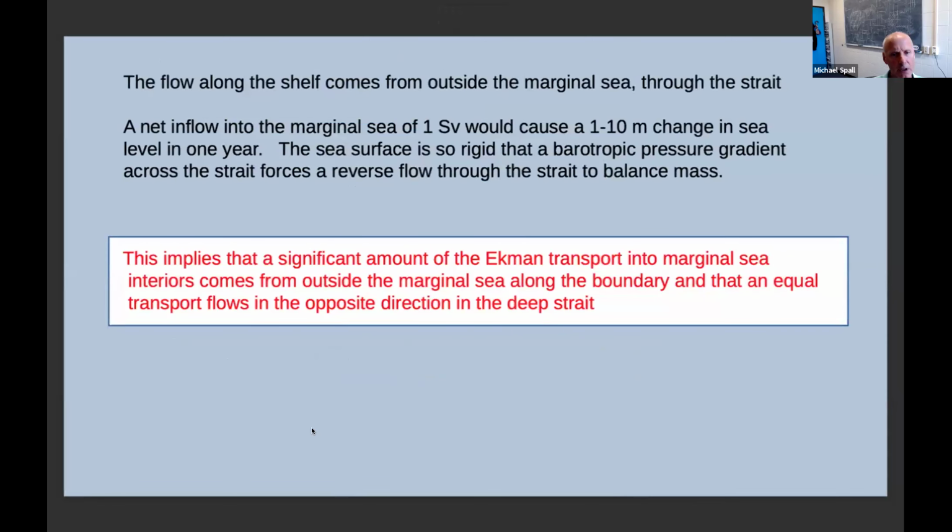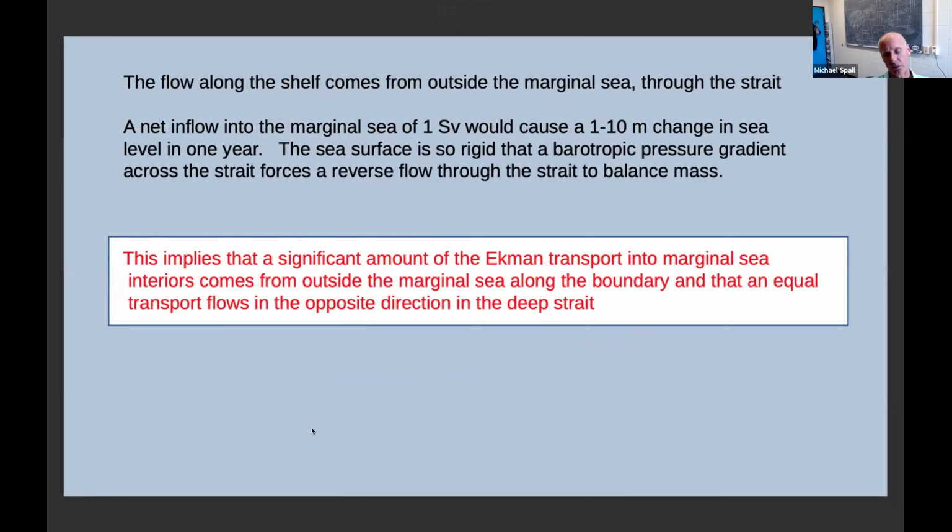If you forget everything I said today but one thing, this thing in the box is the thing to remember. If the flow along the shelf is coming from outside the marginal sea through the strait, let's say that's all that was going on in the strait, you're just exchanging water in and out. If we had a flow of about 1 Sverdrup, on the order of the Ekman pumping, that would cause, depending on the size of the marginal sea, between 1 and 10 meter change in the sea level in 1 year. Well, we don't see that.